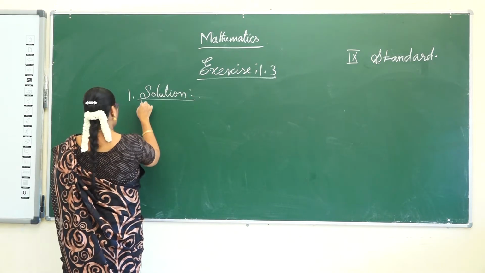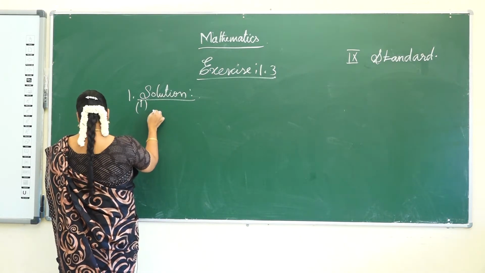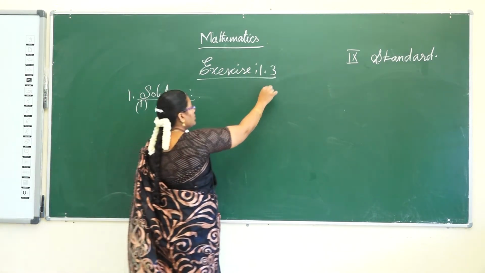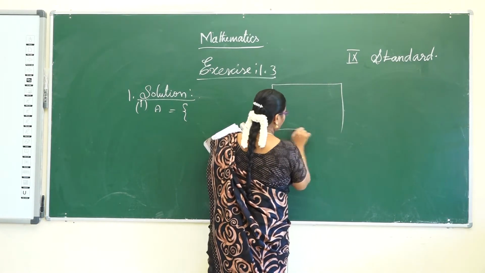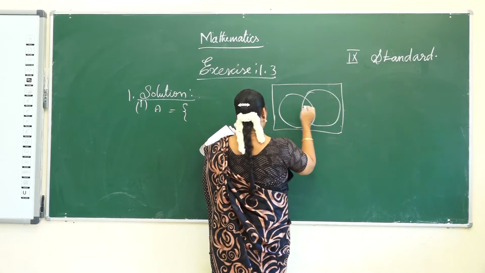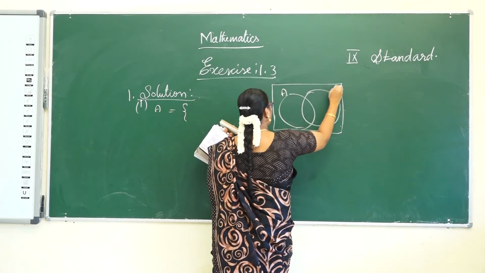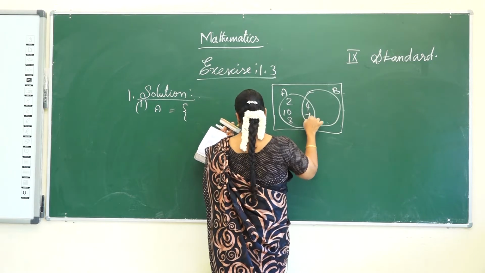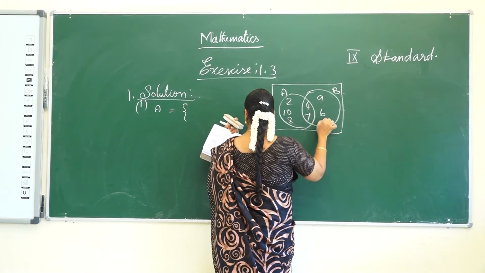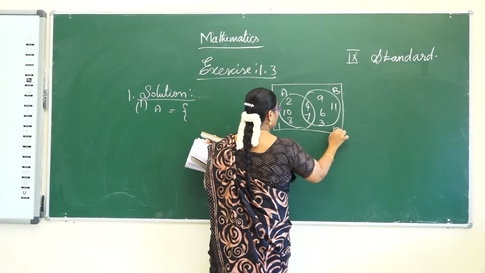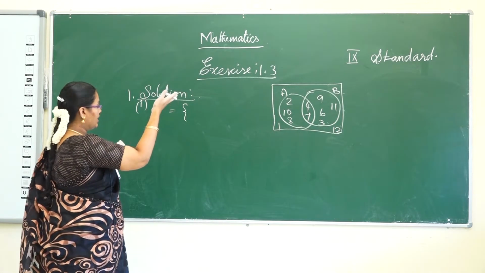Solution for the first option: listing out all the elements. So what is the Venn diagram given? Here the sets A, B are drawn with 2, 10, 8, 4, 7, 9, 6, 3, 11, 1 and 12. So the Venn diagram is given.